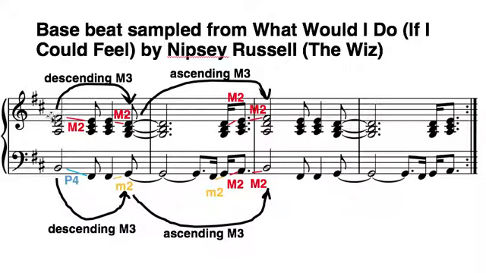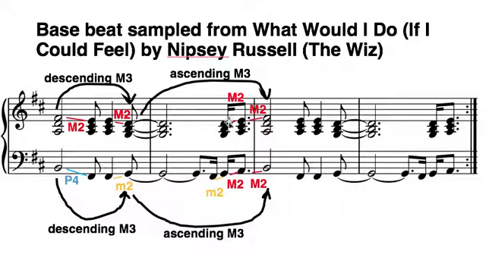So we have on top here F sharp moving down, only later to come back up. F sharp being scale degree 5, E being 4, D being 3.